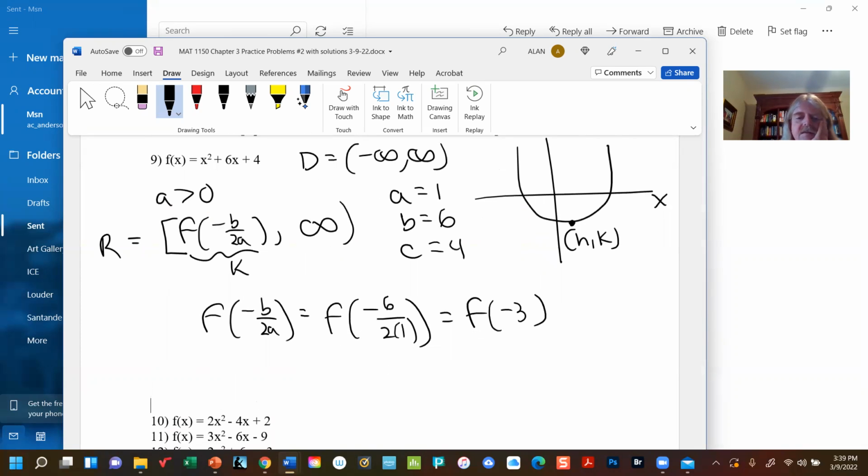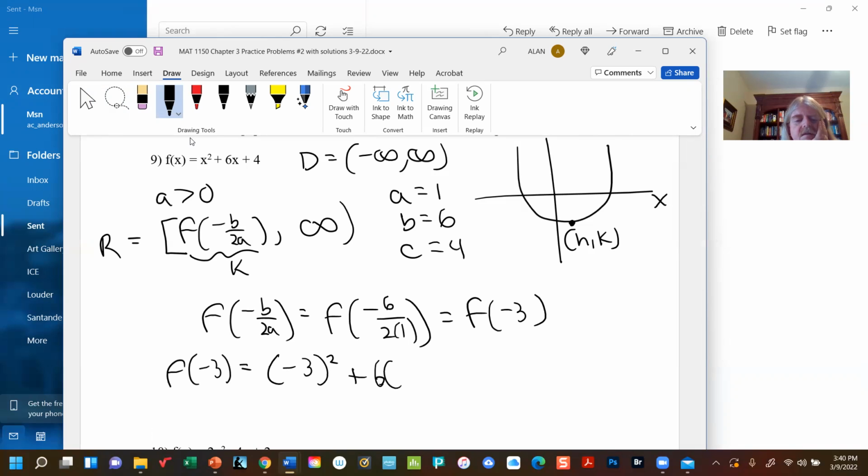And then that indicates that we have -3 squared plus 6 times -3 plus 4, 9 minus 18 plus 4, and that's going to give us -5.